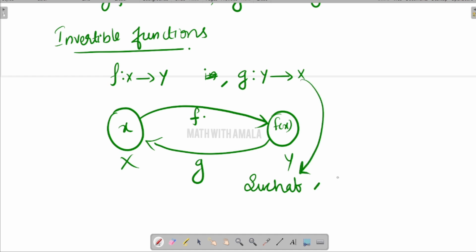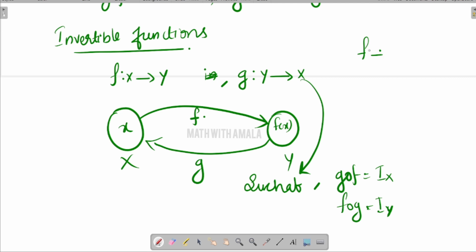Such that we are taking two functions here such that g composition f is equal to I_X and f composition g is equal to I_Y. What are I_X and I_Y? These are the identities that we are taking for these particular functions. I_X is the identity in the X domain and I_Y is the identity in the Y codomain.